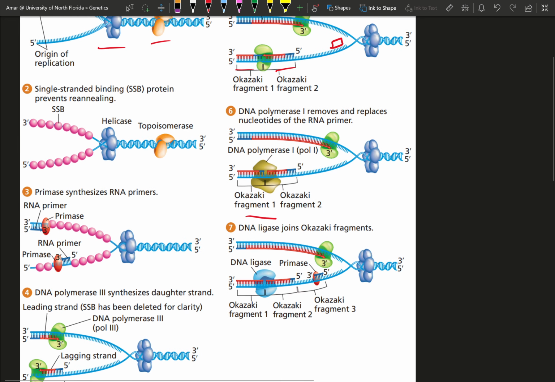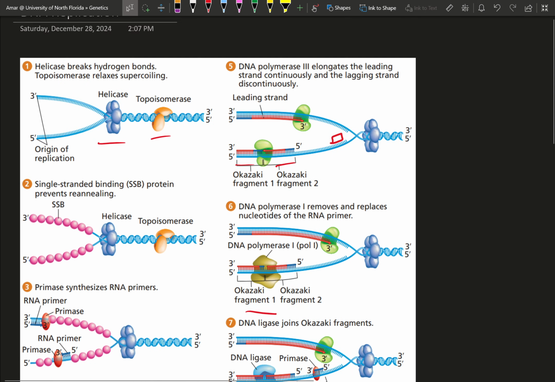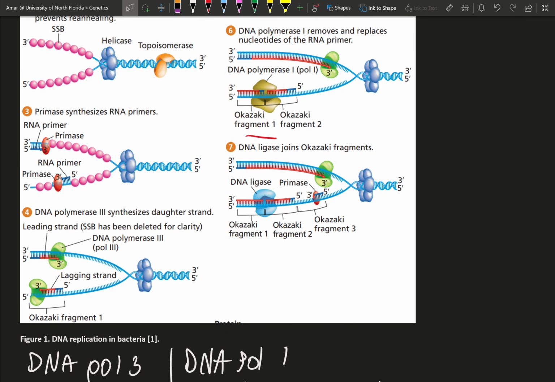Next up, what a lot of people struggle with is figuring out the question of why do we actually have a leading strand and why do we actually have a lagging strand?